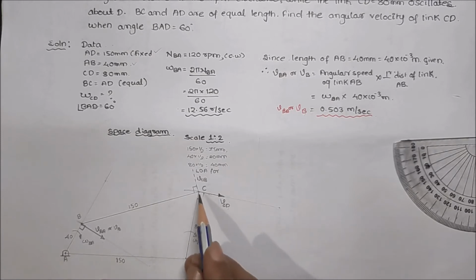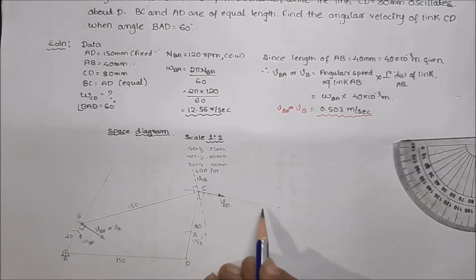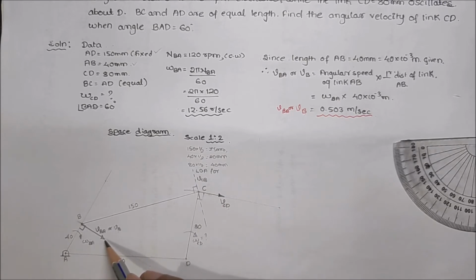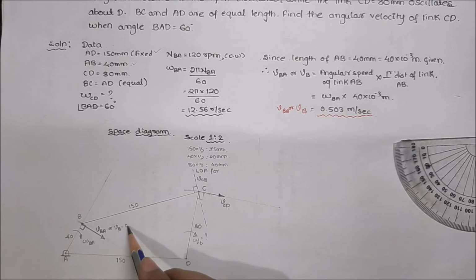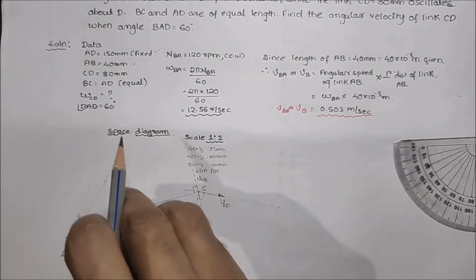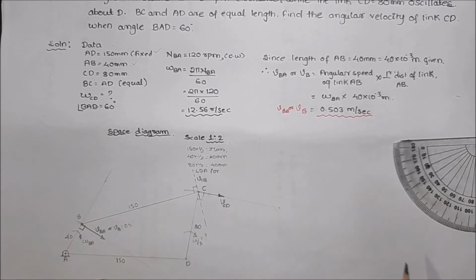Velocity of CD, the magnitude is not known, but the direction is known. Here both magnitude as well as direction we are having. The magnitude is equal to 0.503 meter per second, and the direction is known here, but here we don't know.